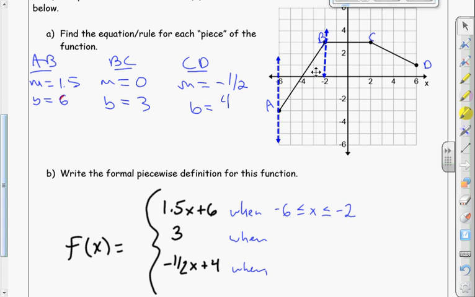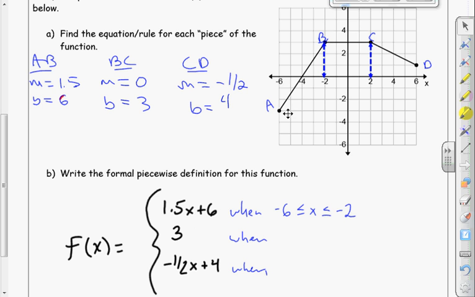Now we move to the next piece. We see that the segment from BC goes from negative 2 to positive 2. Now, we already included negative 2 in the interval for the first rule.